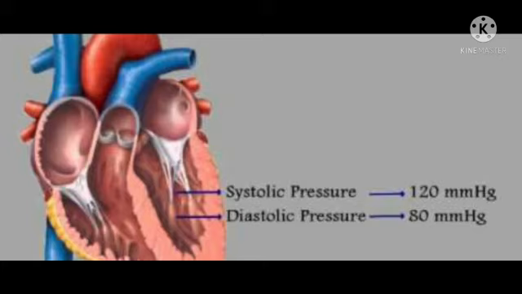Blood pressure is the force of blood against the arteries. There are two pressure readings. One is systolic pressure and the second one is diastolic pressure. As we know how systolic and diastolic pressures occur in the heart, systolic pressure is higher than the diastolic pressure.